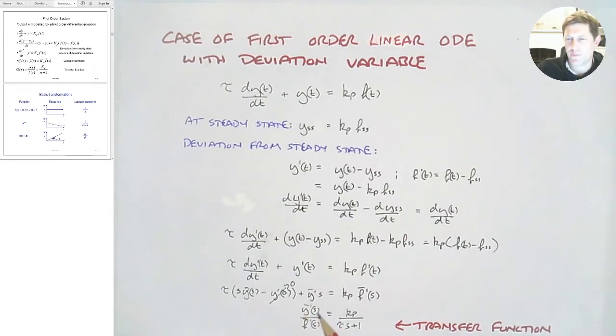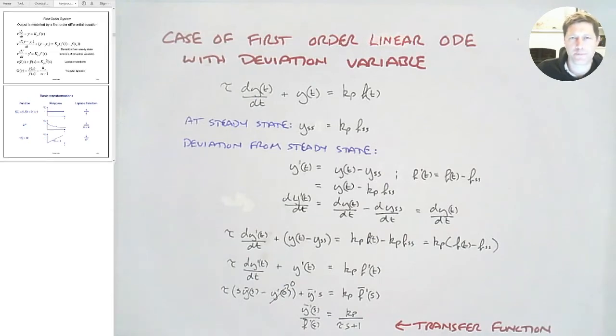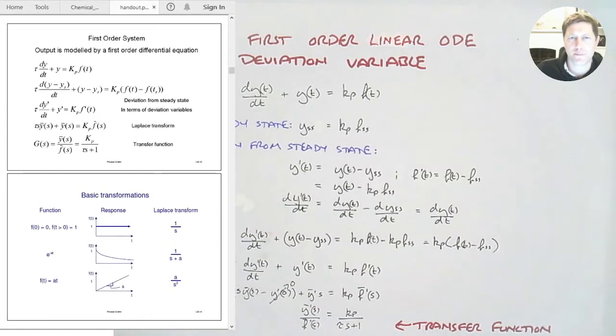We've got the output divided by the input is equal to Kp divided by (tau s plus 1), and so again this is the transfer function we found for this class of problem. So that's following what's in the notes here.